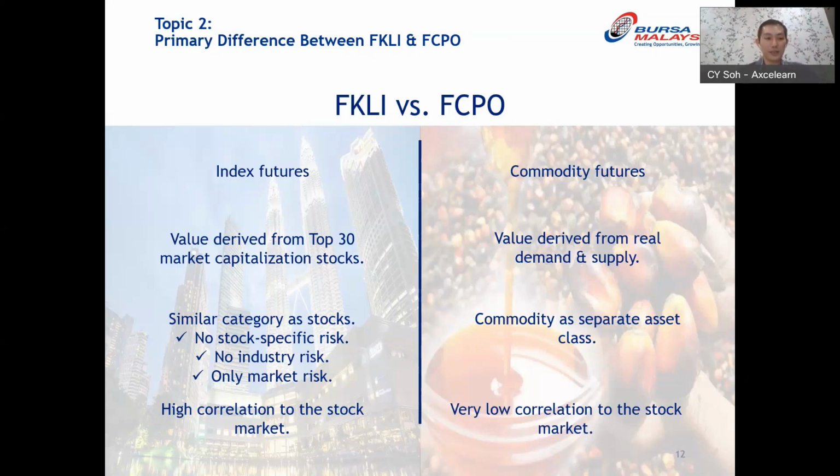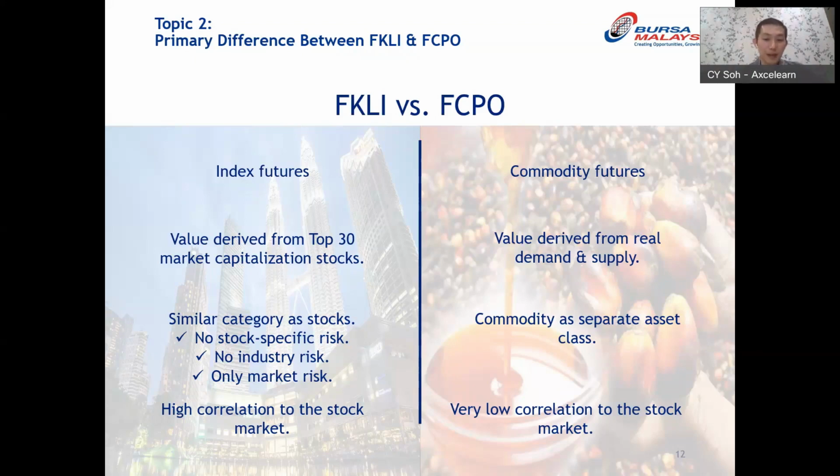You will still need palm oil ingredient products to make your biscuits, your Maggi, to produce Milo as your raw materials. So this is the special thing about commodity futures. Commodities are all of those raw materials that we need to consume as humans, whether we consume them internally, such as foods, or externally, like building materials, and so forth.